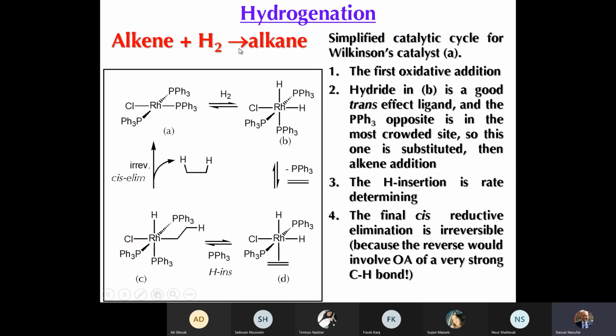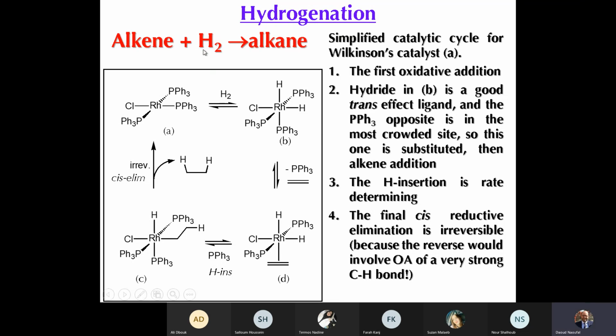Now we pass to the catalytic cycle. This is the hydrogenation of alkene to alkane. And we use the Wilkinson catalyst, which is well known, the rhodium chloride tris triphenylphosphine. To note that in one step should appear the addition of alkene.